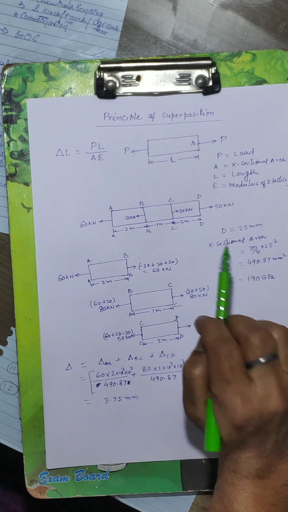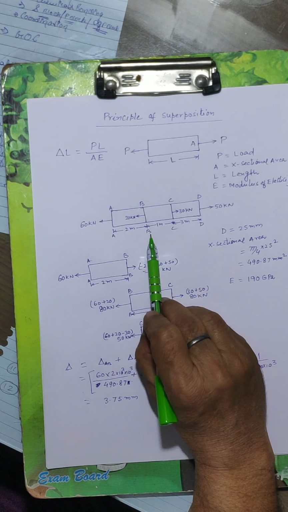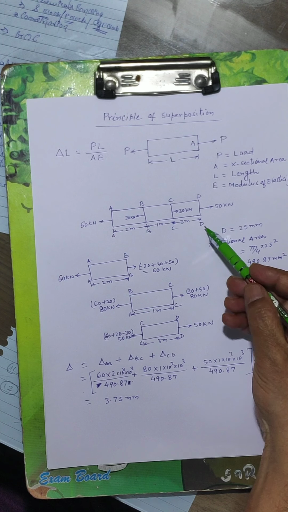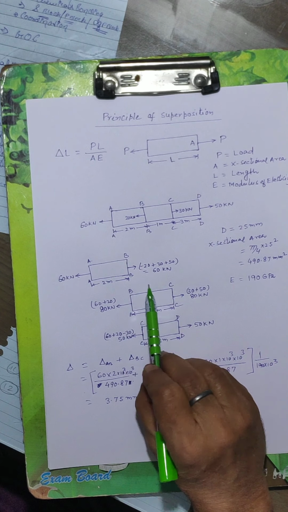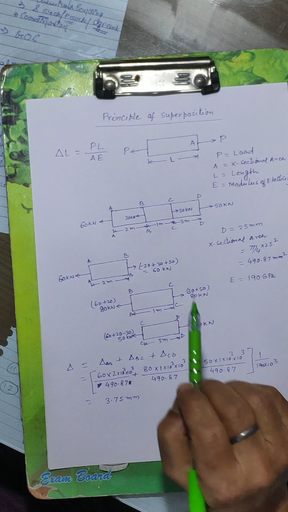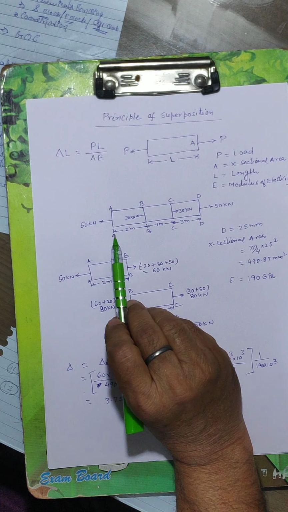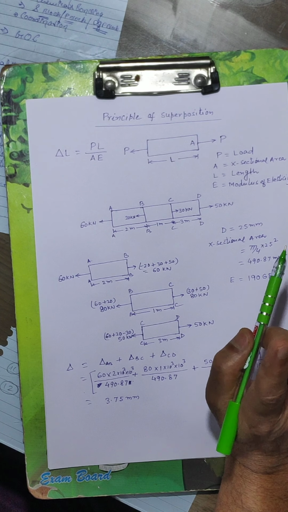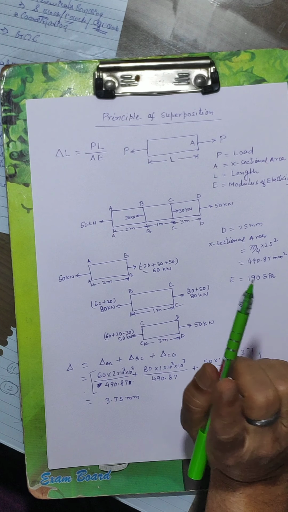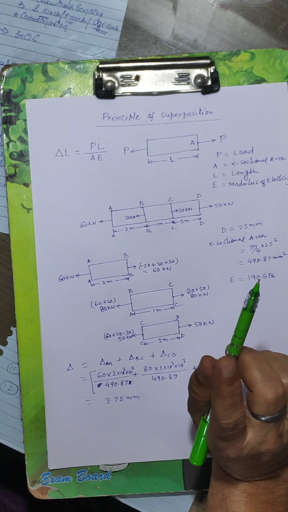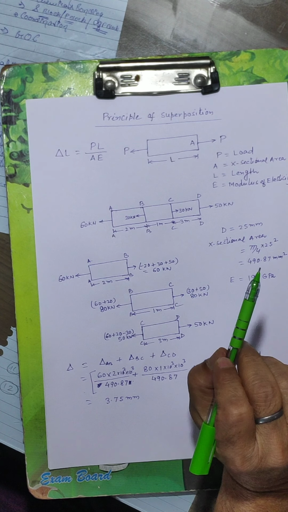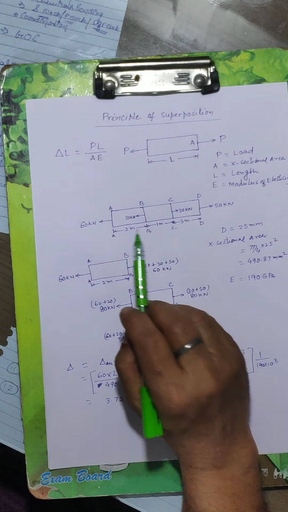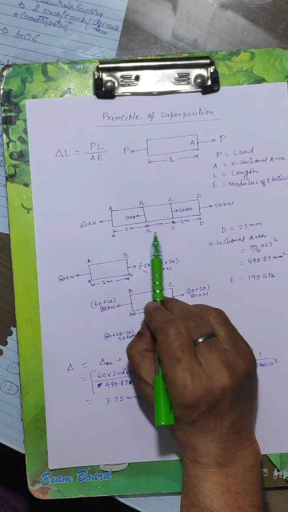That means we divide this body into different parts, and when we divide this body in different parts, this is called free body diagram. And this formula is applicable on elastic limit, where the Hooke's law applicable.